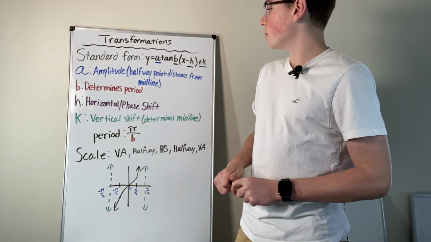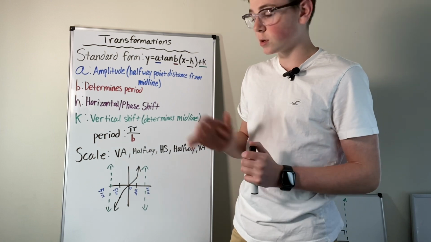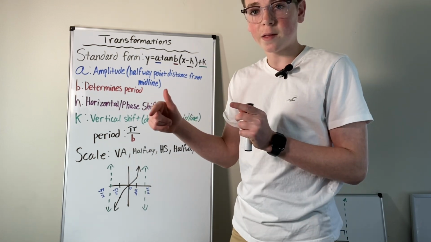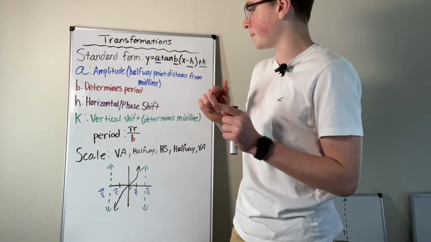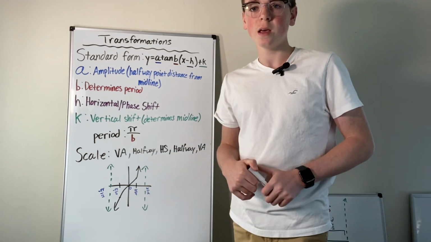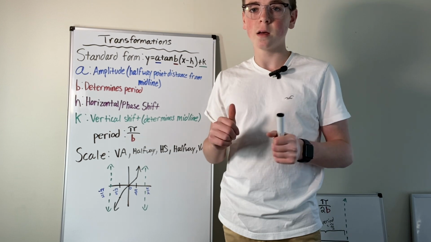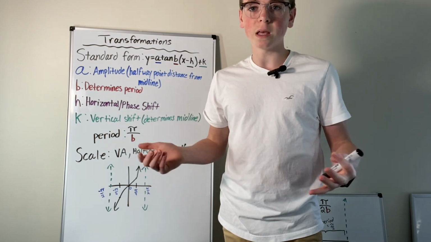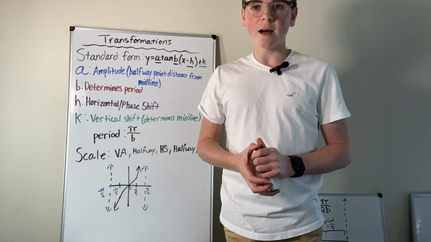A is our amplitude, which is our halfway point distance from the midline. So there's the midline, there's our halfway point, and then our amplitude up, and then our amplitude down. B determines period. Our period is pi over b, because remember we just said our base period of tangent is pi. So if b is 2, then we have pi over 2.